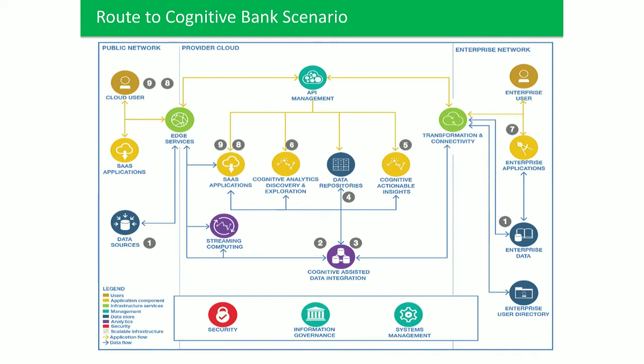And then the personalized insight developed from those data is fed back to the cloud marketing platform to be able to provide the personalized experience either through the mobile application or at a branch. Okay.